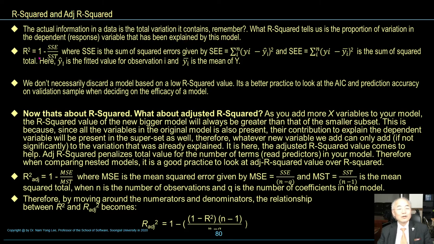R square is equal to 1 minus SSE, the sum of squared error, over SST, the sum of squared total.